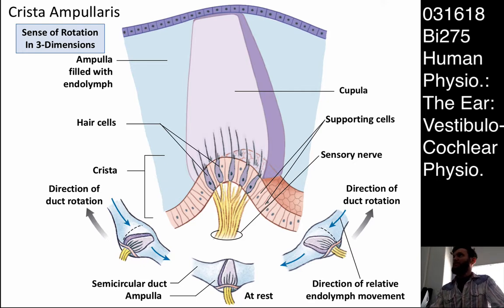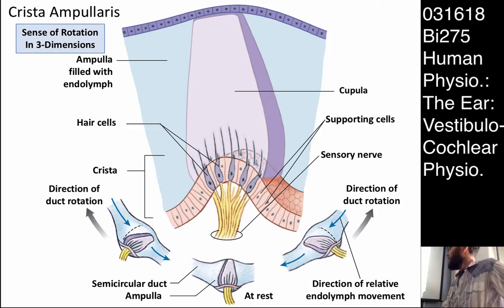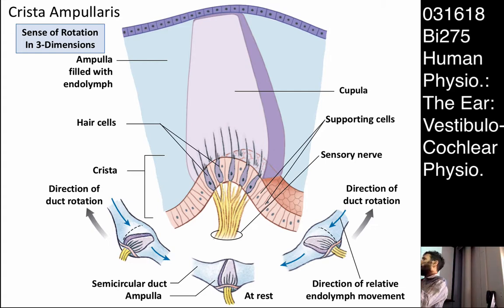Inherent in this is this little jelly wedge called the cupula. The cupula has these hair cells with their stereocilia embedded up in it. And as you move, say you do a backflip, which I'm not going to do right now, the fluid in the semicircular duct is going to begin to rotate along that duct if you're moving in the plane of motion.